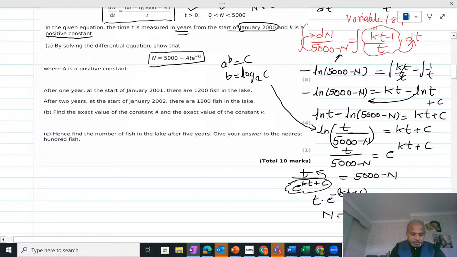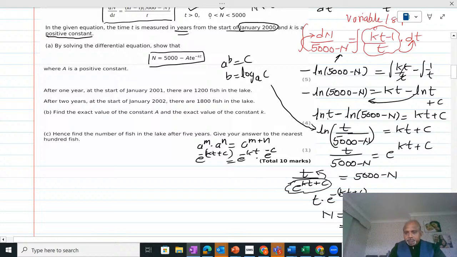So we can write here n equal to 5000 minus t e to the power minus (kt plus c). Now we know the indices rule: a to the power m times a to the power n is a to the power m plus n. So here we can write e to the power minus (kt plus c) as e to the power minus kt times e to the power minus c, because we are multiplying the minus through kt plus c.